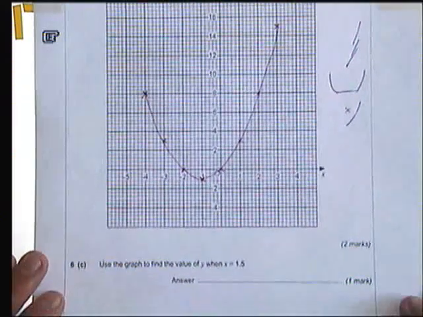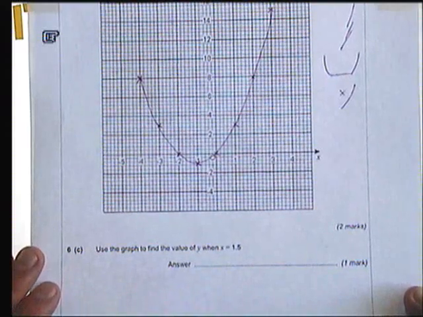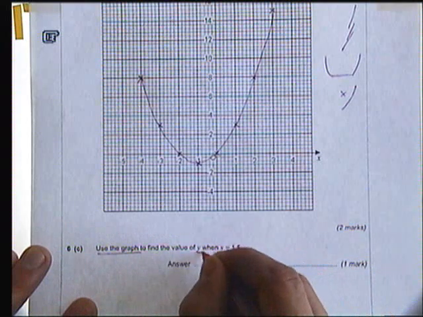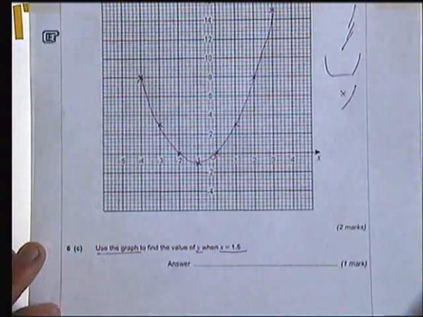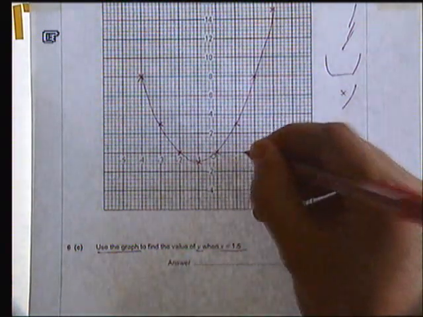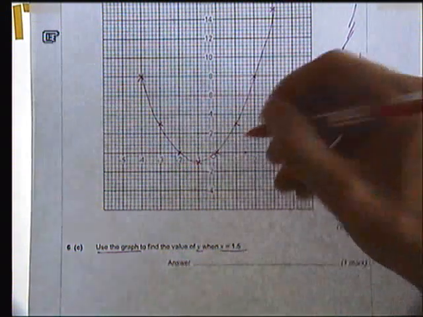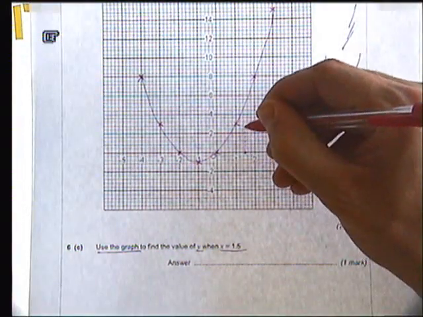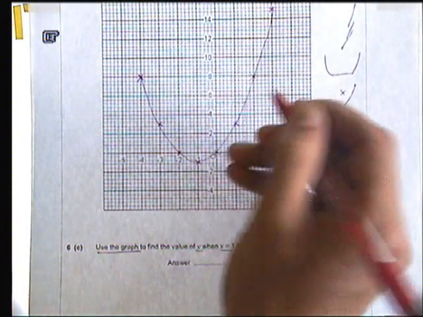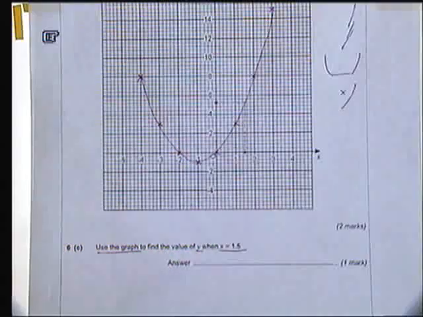Okay, the final part of this question now says, use the graph to find the value of y when x equals 1.5. Now, what that means is find x equals 1.5 on the x-axis and read off what coordinate that would have on the y-axis.